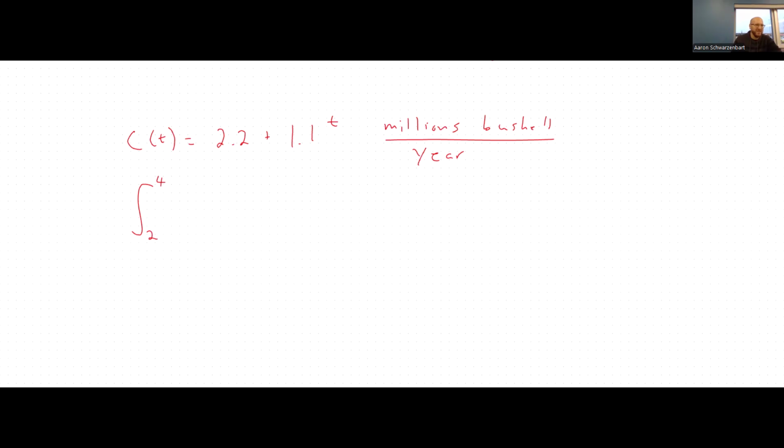Midnight on January 1st is essentially when one year ends and the next starts. So all I have to do is integrate. I let my calculator do the work of the integral.